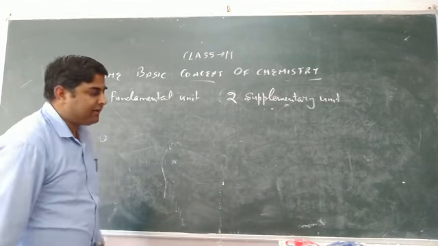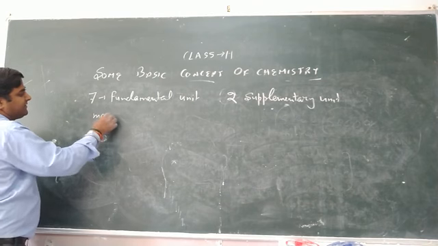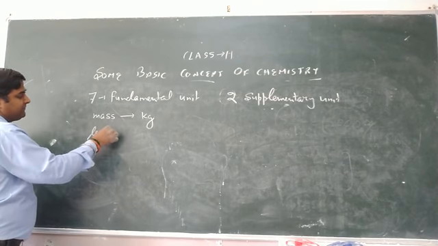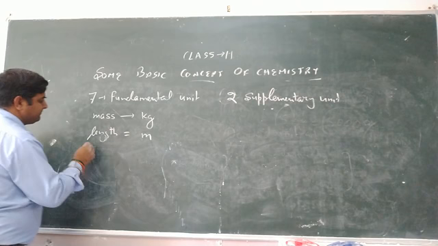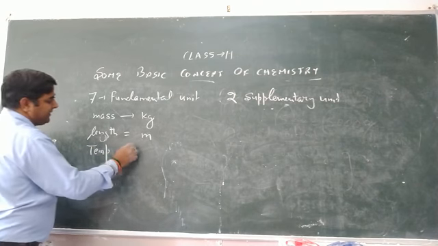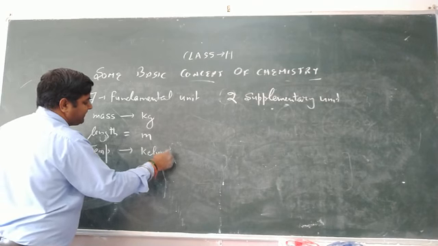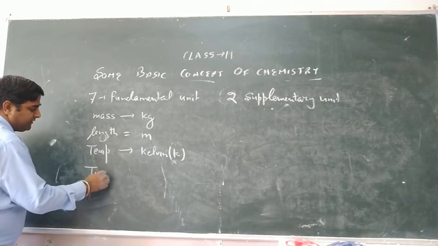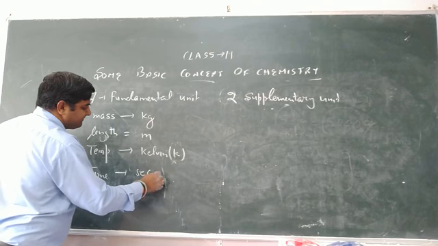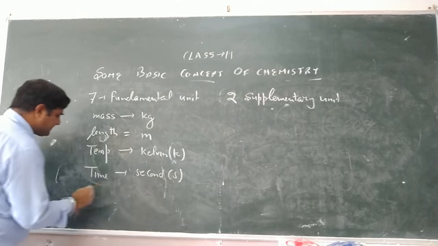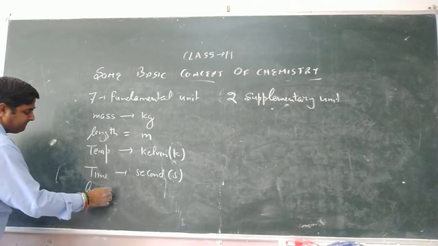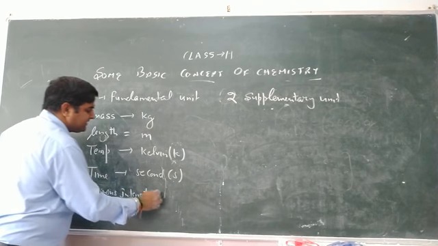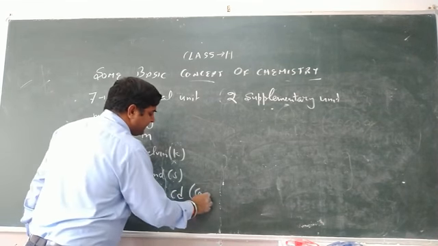What are these 7 fundamental units? One is mass. Mass is kilogram. Then we have length in meter, temperature in Kelvin, K, or sometimes we write theta. Time is second. Luminous intensity is candela, that is cd.